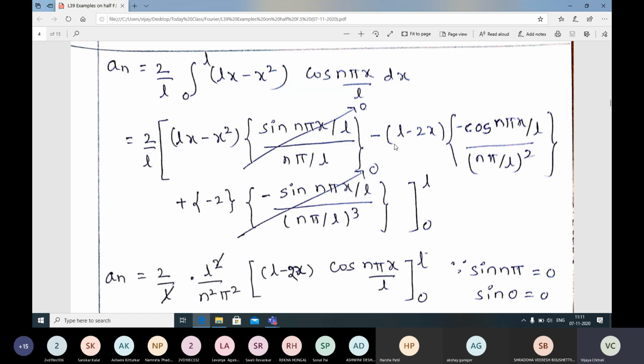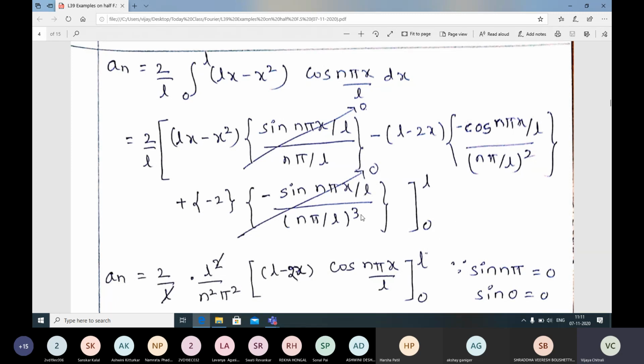Now derivative of L minus 2x will be, L is constant so 0, and minus 2x with respect to x is minus 2, and integration of minus cos n pi x by L divided by n pi by L raised to 2 is minus sin n pi x by L whole divided by n pi by L raised to 3. Now derivative of this minus 2 is 0, and 0 into something will be 0. Now you have to stop here only, and limits vary from 0 to L.